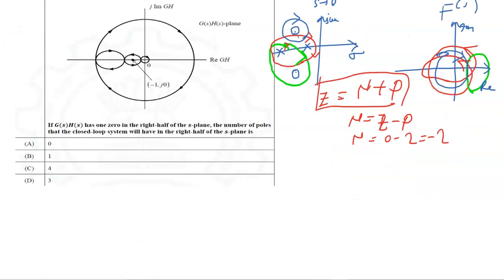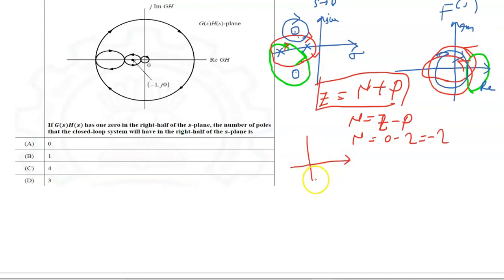Okay. Move to the question. Here the Nyquist plot of G(s)H(s) has been given. But what is the Nyquist path in the S plane?